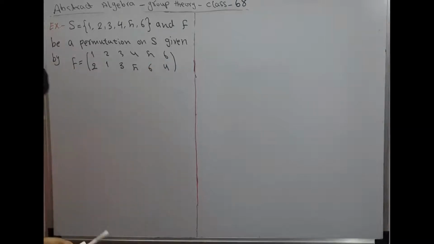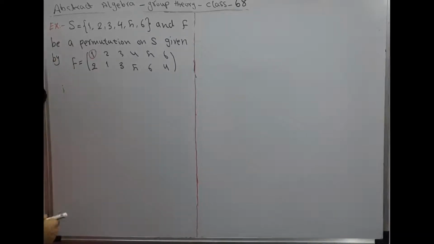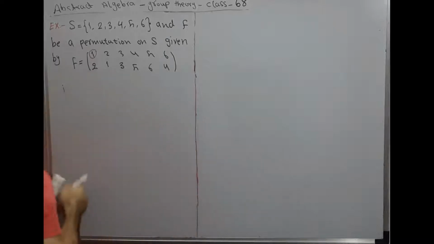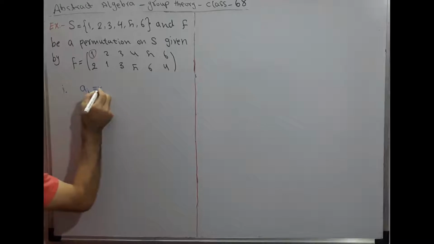We want to find the orbit and cycle of element 1. We consider the number 1, Ai is equal to 1.